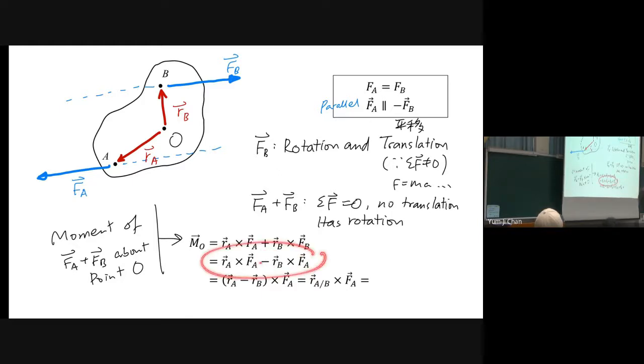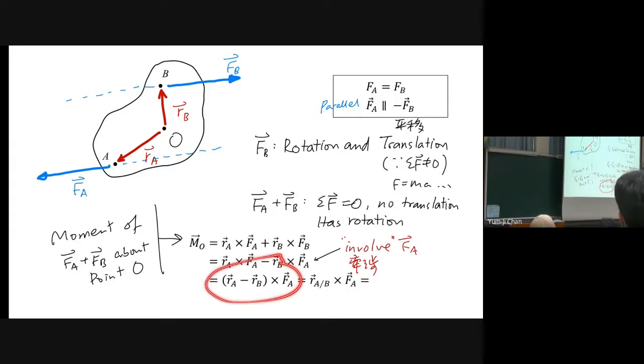And the next step is of course, both of them have FA here, so we will write it like this. Both of them involve FA, and therefore we can write it like this.